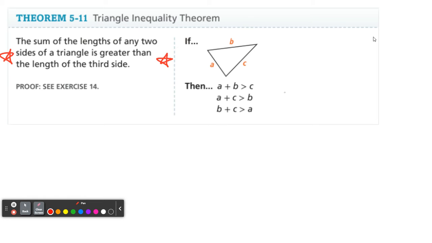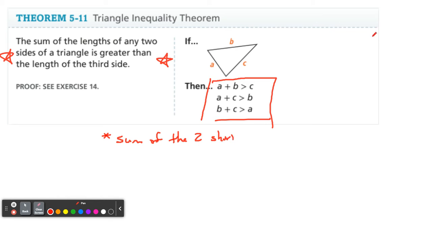Okay, so here's your picture, and again, you have these three inequalities. This is adding any two sides to be bigger than the third side. But really, when you do these problems, there's only one situation you have to check: is the sum of the two shorter sides greater than the longest side?